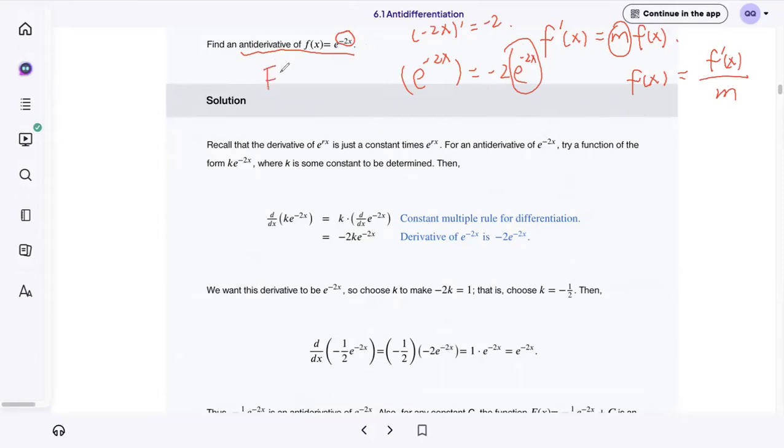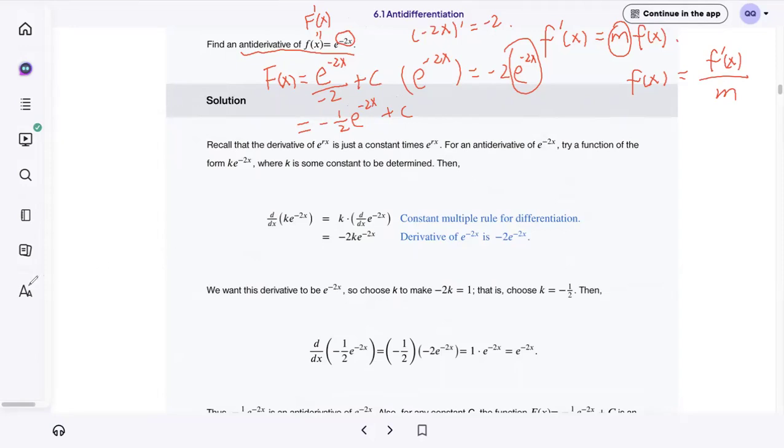So f of x equals e to the negative 2x divided by negative 2, because the derivative of negative 2x is negative 2. Of course, we need to add c, so we can write it as negative one half e to the negative 2x plus c.